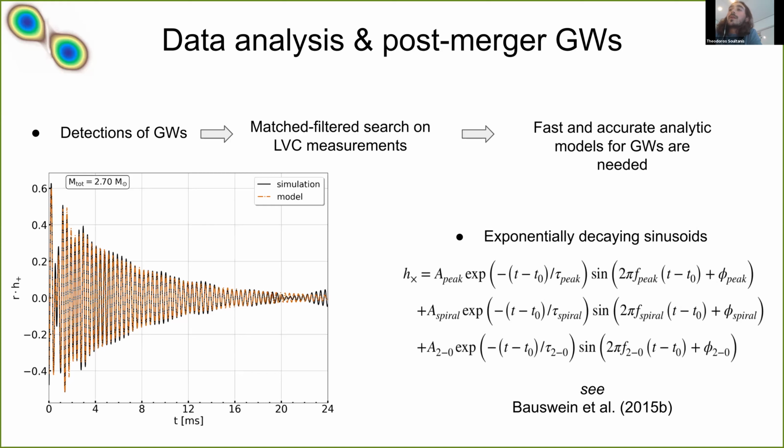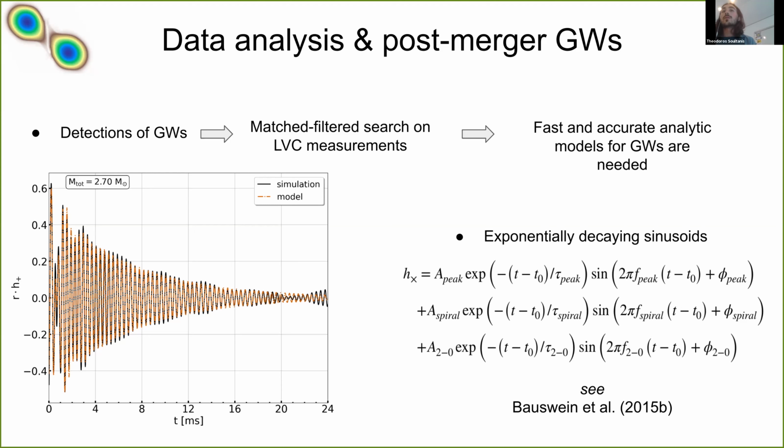This was first introduced by Weisbein and Sterjulas in 2015 and their collaborators, I think. They introduced a simple model with these assumptions: the post-merger should be simply a combination of 3 oscillation modes, 3 sinusoid functions.